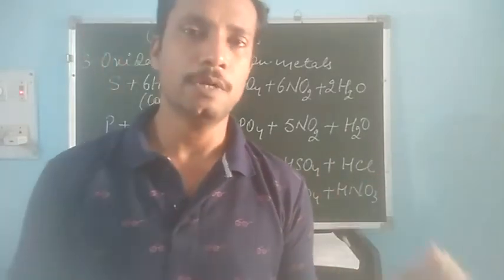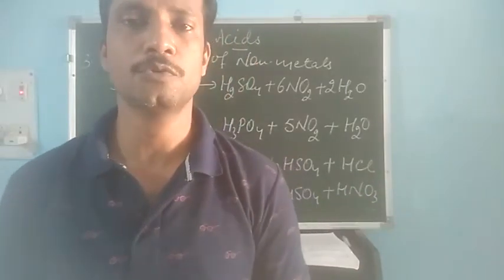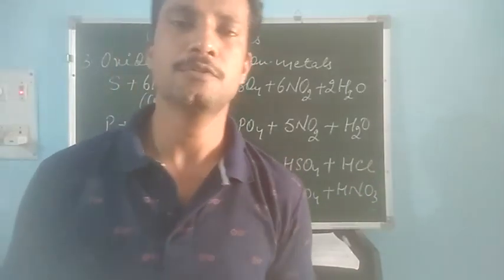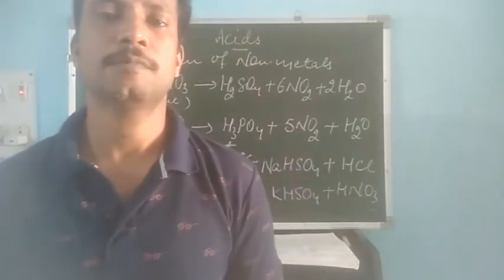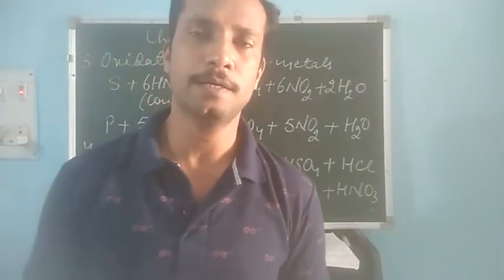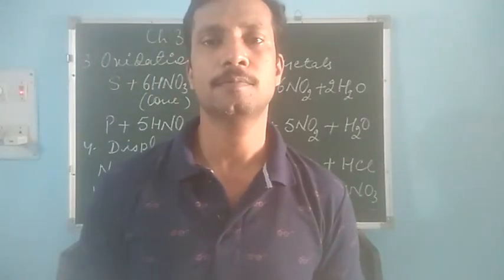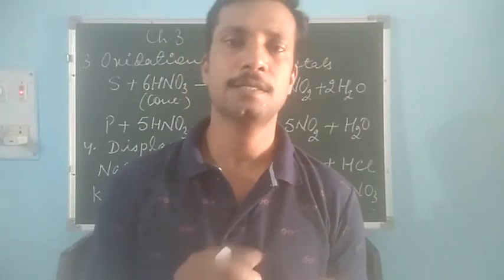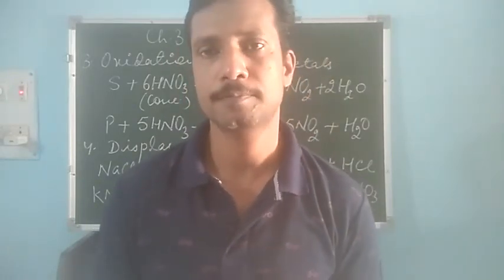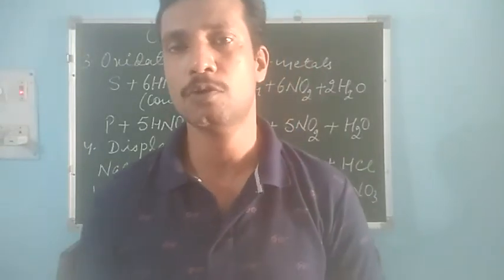Like we can use litmus, that is, blue litmus will be changed into red in an acidic solution. Then we can have phenolphthalein as another indicator, but phenolphthalein will remain colorless with an acid, that is, acid does not affect phenolphthalein. Methyl orange can be changed into pink using acid solution.